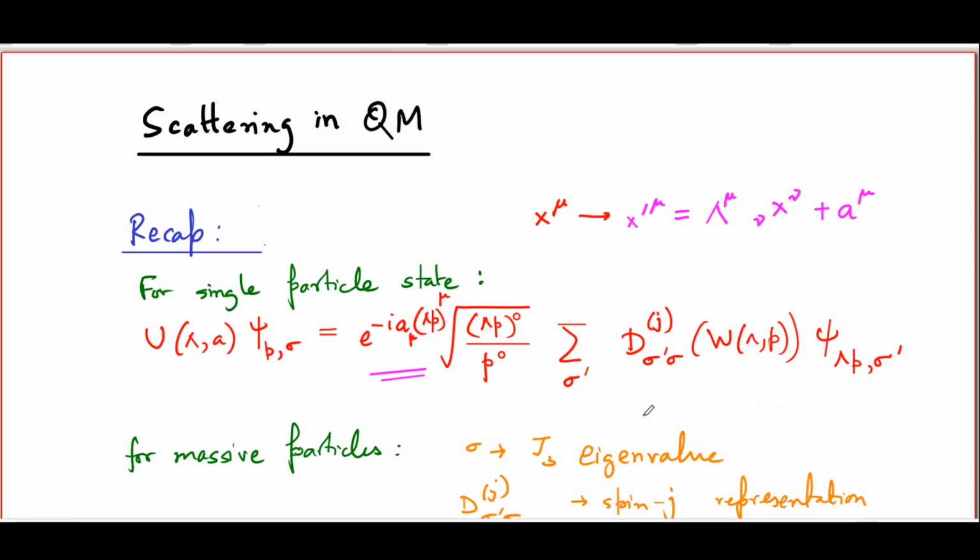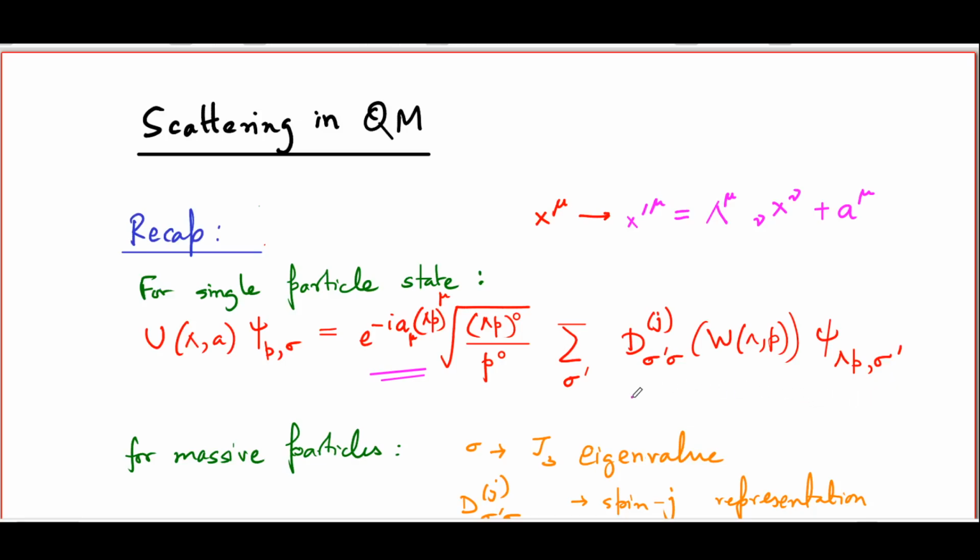But most importantly, what happens because of the Lorentz transformation is this. The psi p sigma, after the action of U(lambda, a), becomes a combination of psi lambda p comma sigma prime. So these are 4 momentum eigenstates again, but with eigenvalues with a transformed 4 momentum, which is sort of understandable.